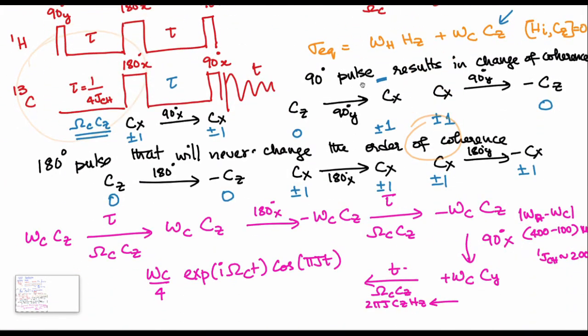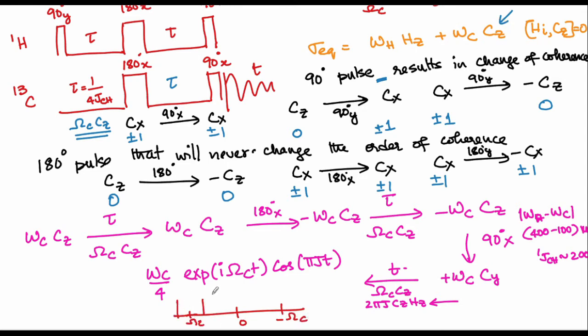Okay, so therefore, the natural magnetization of carbon ends up giving a spectrum that looks like this. Weighted as omega c over 8. Intensity will be omega c over 8 to omega c over 8. The 1 by 2 comes because the single resonance gets split into 2 and therefore it becomes omega c over 8. The splitting will be 2 pi J.